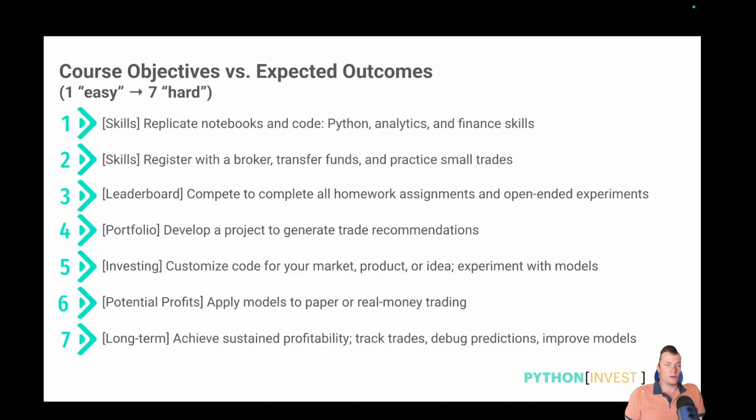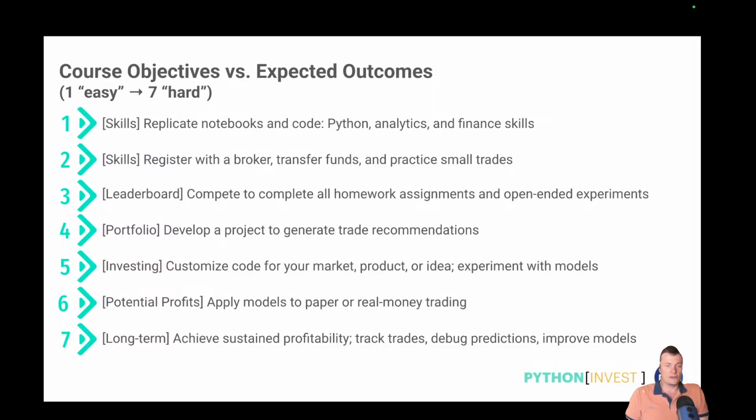Then you might want to start trading, and you can get additional skills and knowledge when you register with a broker. You transfer some funds and you practice small trades. You understand that it's not that complicated. You can see how to operate in this new industry.